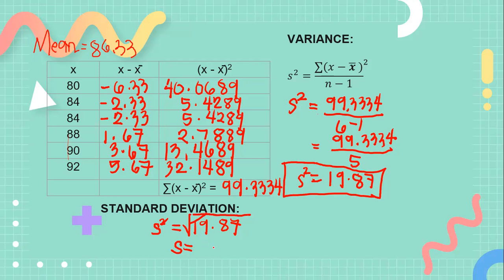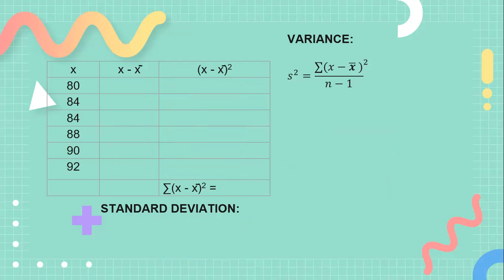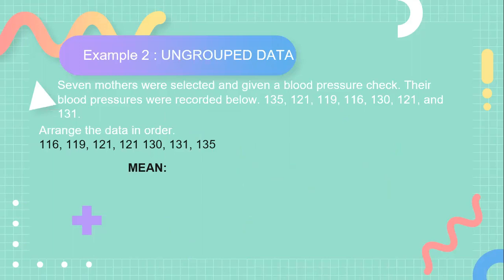Very good. It's 4.46. So our standard deviation is 4.46. Now let's proceed to example number 2.